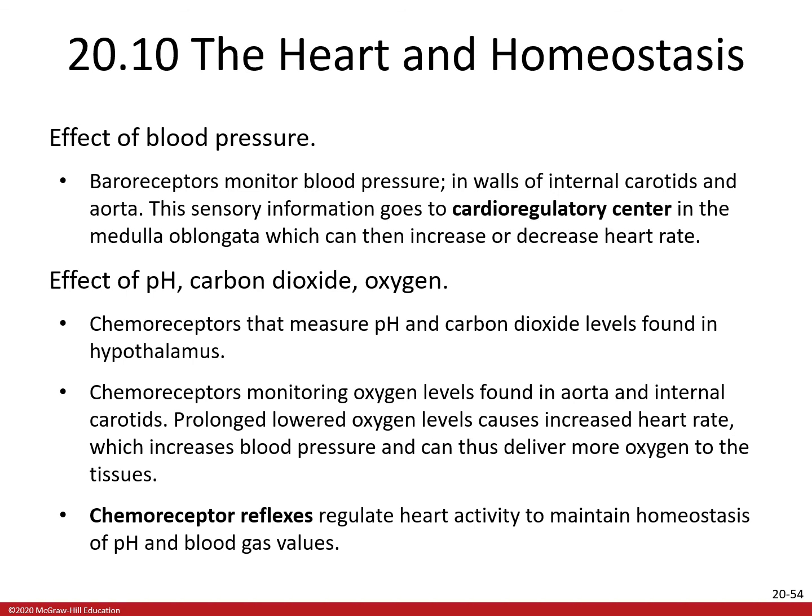Chemoreceptors also monitor your oxygen levels found in the aorta and internal carotids, and prolonged lowered oxygen levels are going to cause an increase in your heart rate, which is going to increase blood pressure and can thus deliver more oxygen to the various tissues that need it.